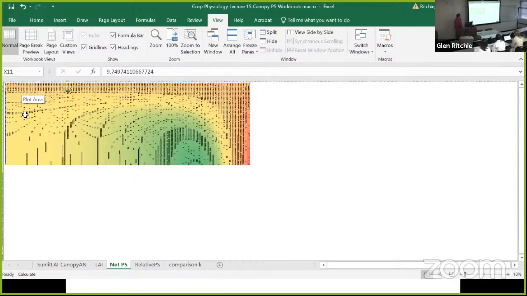But then as you get to the higher leaf area indices, you see this pocket where it's dramatically improved in terms of the total net photosynthesis. Now I got thinking, that represents the total net photosynthesis pretty well, but the one thing that it doesn't do is show the relative net photosynthesis as related to horizontal leaves.